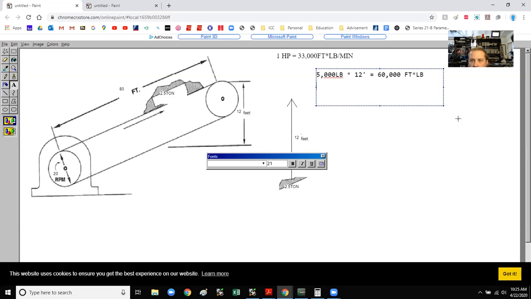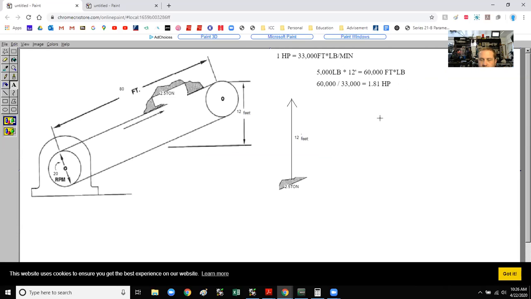Okay, so how many horsepower is that? Find a calculator. You just divide it. 1.81 horsepower.